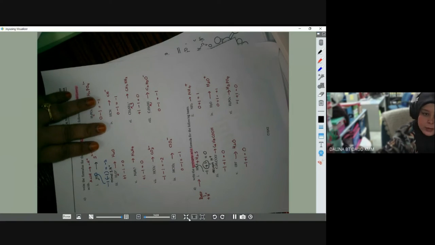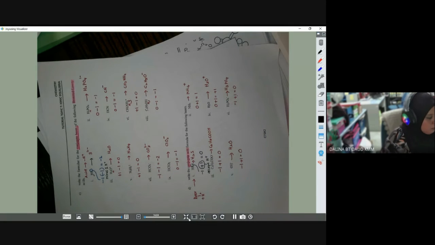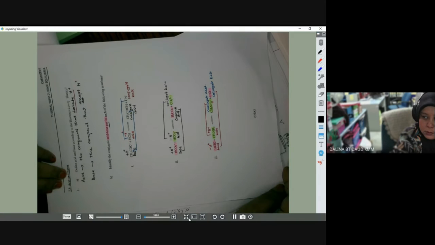Ni dah snap. Okay, the previous one also here, if you want to snap lah.